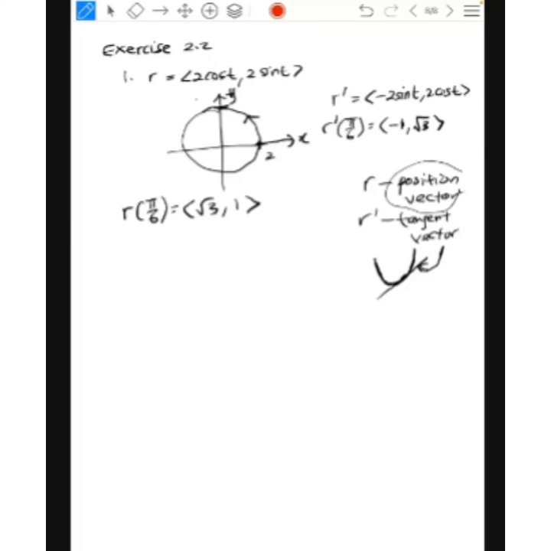This is also 2, square root 3, something here. Square root 3 is, what's that, 1.7, something here. Okay, and then let's say this is 1. This is square root 3. Okay, so this is the r pi over 6. Okay, why do we have to find this position vector? Because your tangent vector must be here.